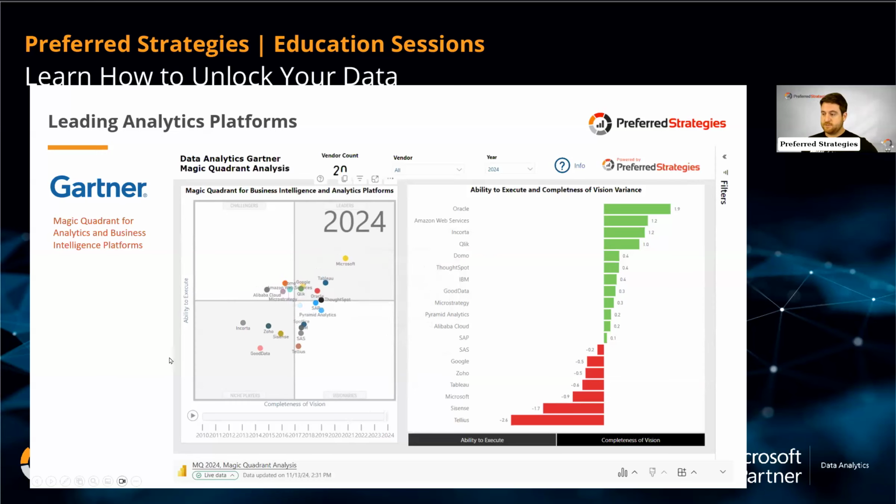And I thought this was interesting. If we shift to 2024, you can see that we have a few new leaders. We have Oracle coming into the leaders quadrant, Google, as well as ThoughtSpot. And you can see there are several others that are very close, including SAP, Pyramid, and Amazon Web Services, to name a couple.